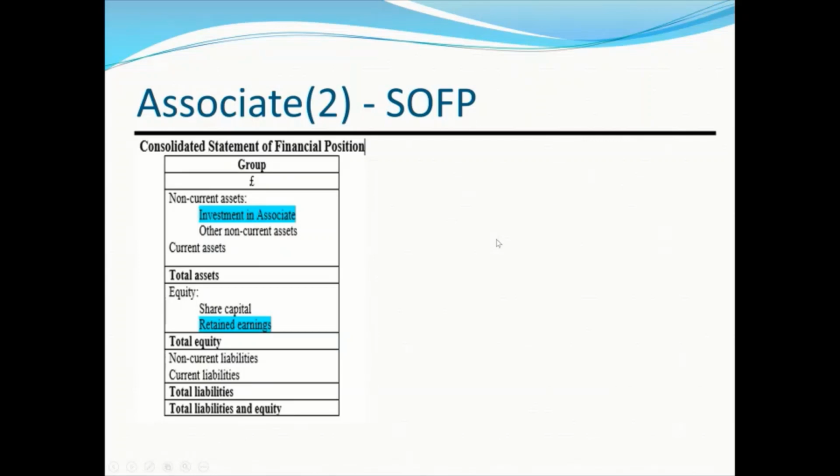And then we produce the final format of the consolidated statement of financial position, which includes only adjusting the investment in the associate and also the retained earnings of the parent company with the investor share of post-acquisition profit of the associate.